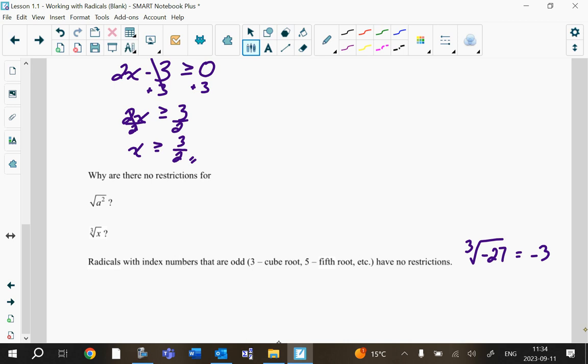Whenever we square, I can plug any number in I want, because as soon as I square it, it becomes positive, right? Anything squared becomes positive, which you can square root.